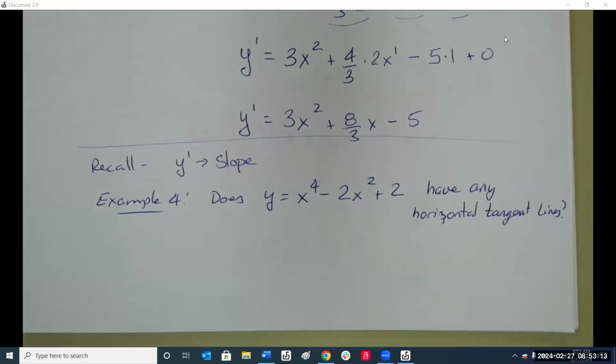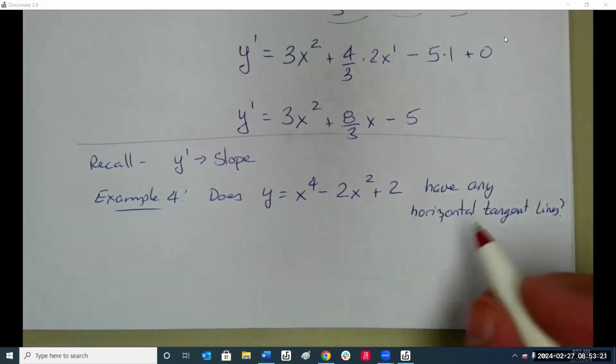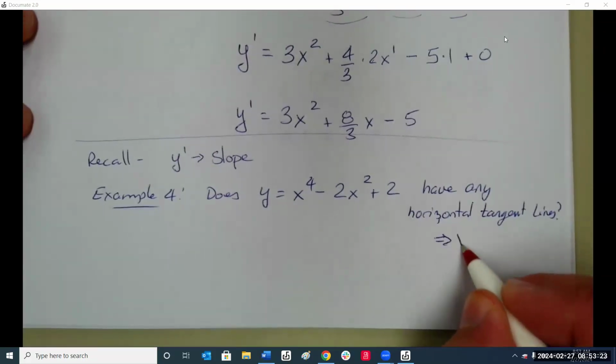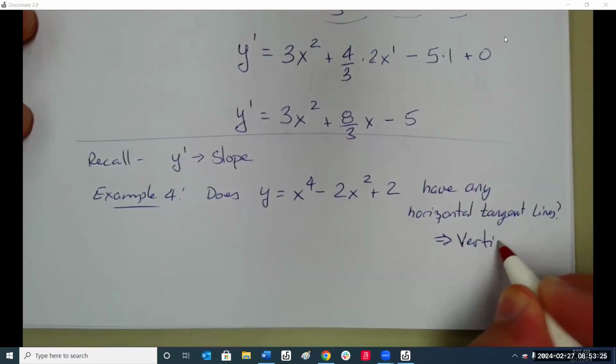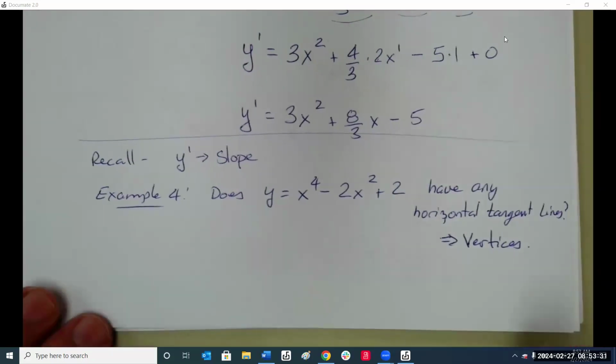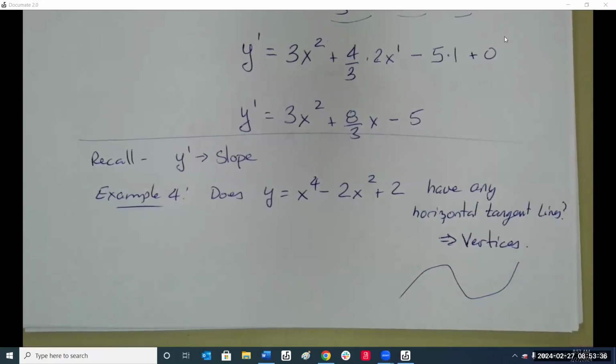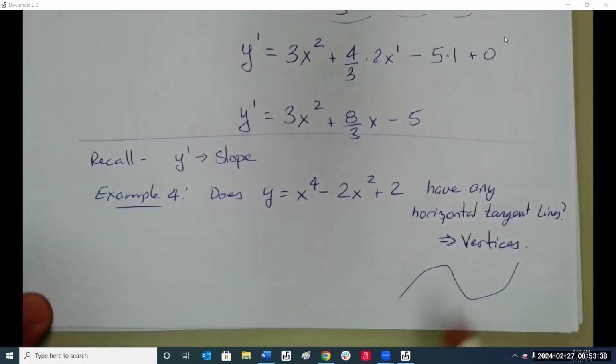Yeah, it's the horizon. So what this is really looking for is vertices. If you think about it, if we have a curve, let's say we have a cubic function, where's the only place that we have horizontal tangent lines?